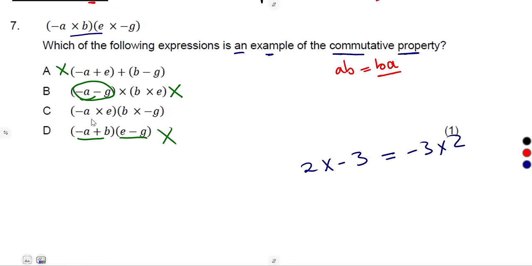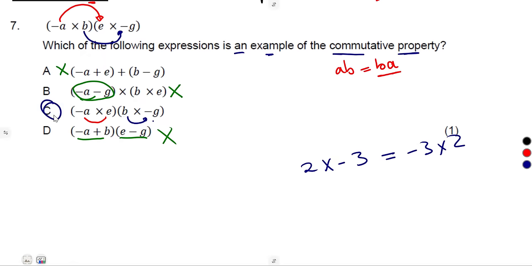Let's look into C. Minus A times E. We just changed the order of these two. Minus A times E. All right, then let's move on. B times minus G. Guys, it is just a change of order, everything under multiplication. This is exactly what we want.